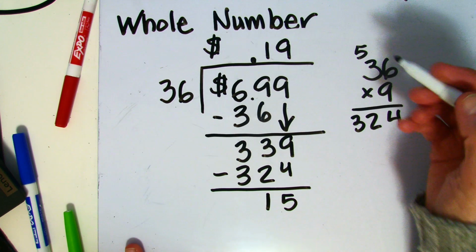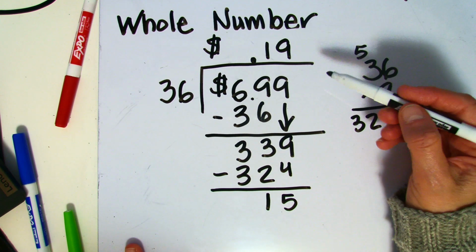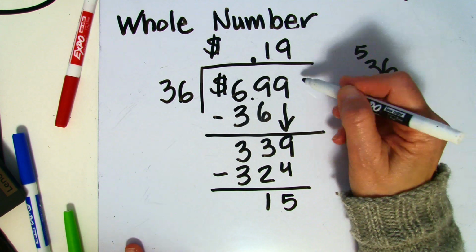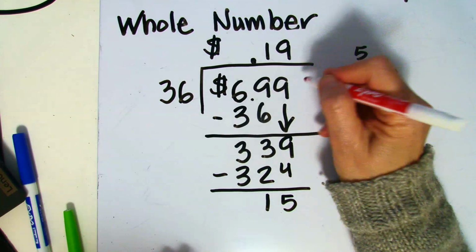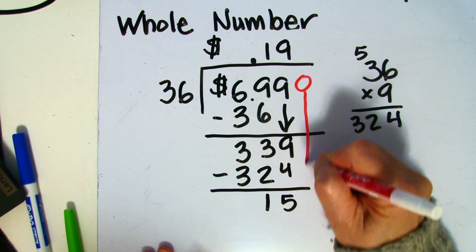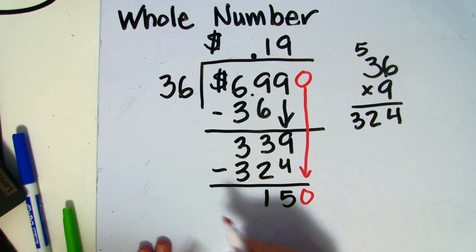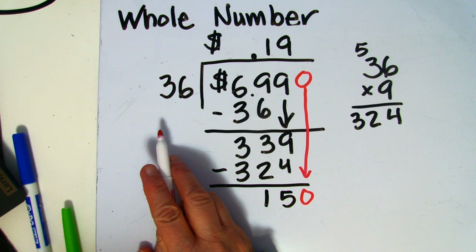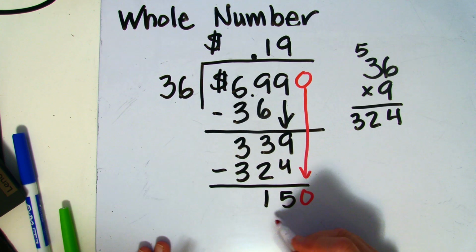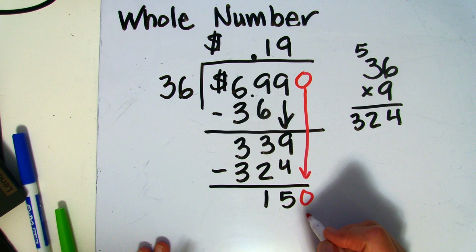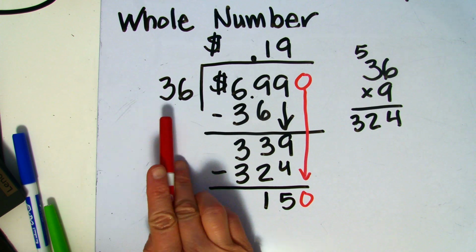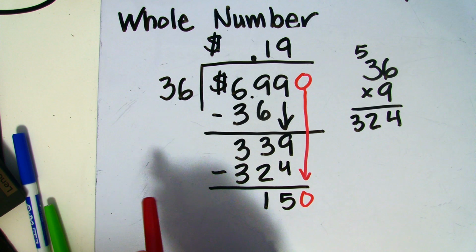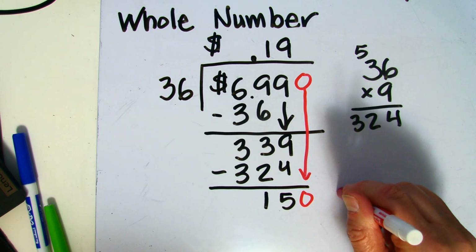And when we get to this point, what we're going to do is plug in a 0 at the end of our last digit and bring that down. And now we're going to try to figure out how many times 36 goes into 150. And again, I'm going to do a little guess and check. I know that if I were to round this to 40, it will go into 164 times.